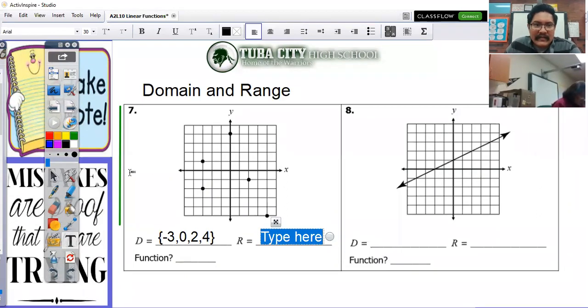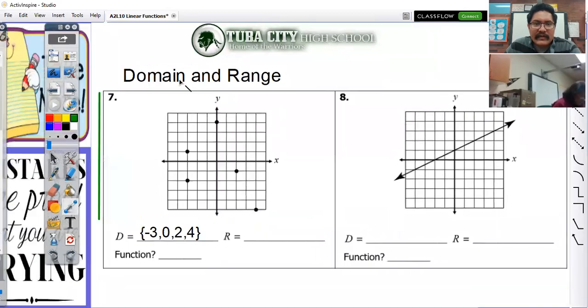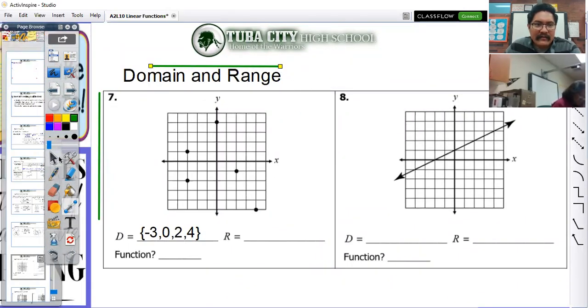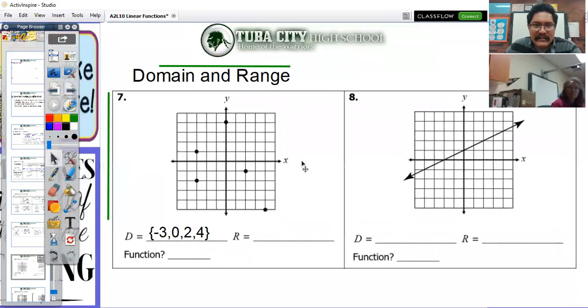Now to get the next one, which is the range, I'm going to make a horizontal line. Now there is no such thing as a horizontal line test, but I'm just doing this to show you. So what you would do is imagine a line coming from the bottom and picking the first one.